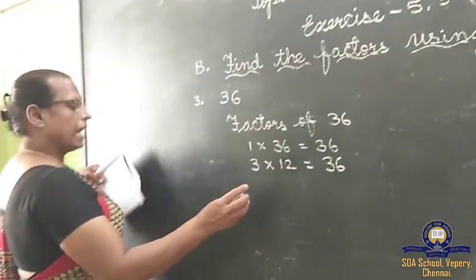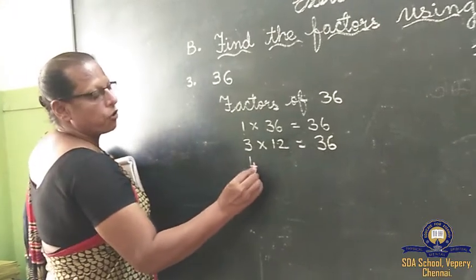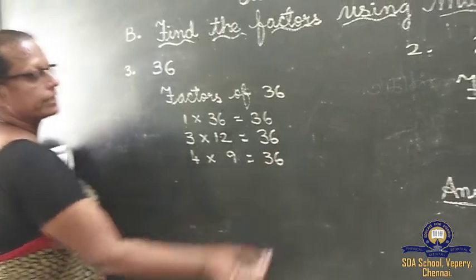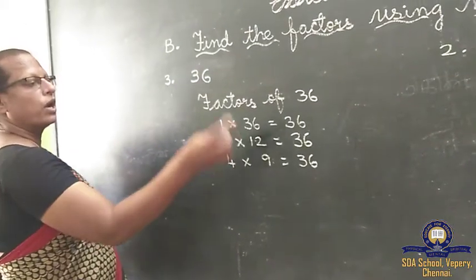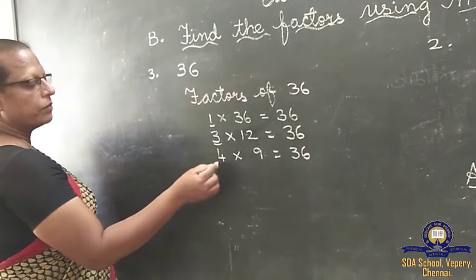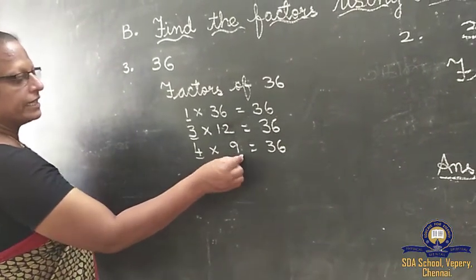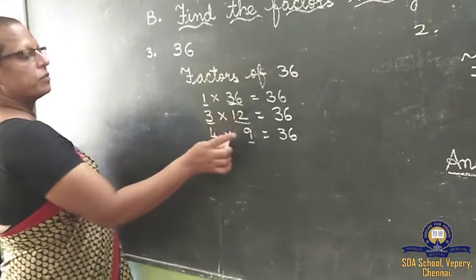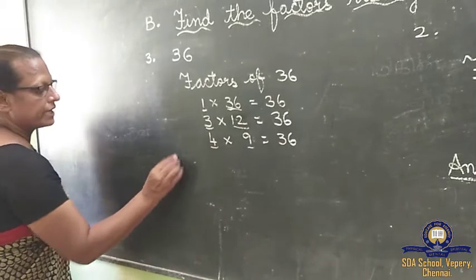Okay children? And then what will come? 4 9s are 36. Understood children? So in which tables does it go? The 1 table, 3 table, 4 table, 9 table, 12 table and 36 table. So it goes in 6 tables. So what's the answer, children?